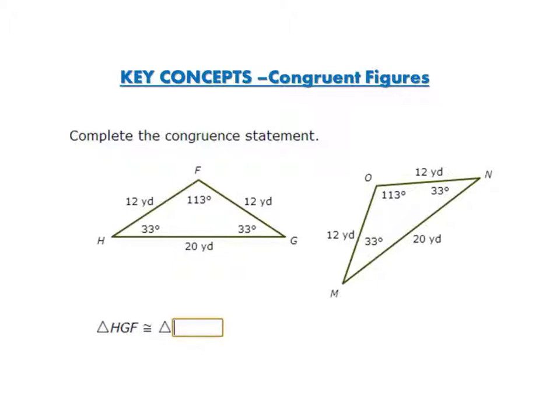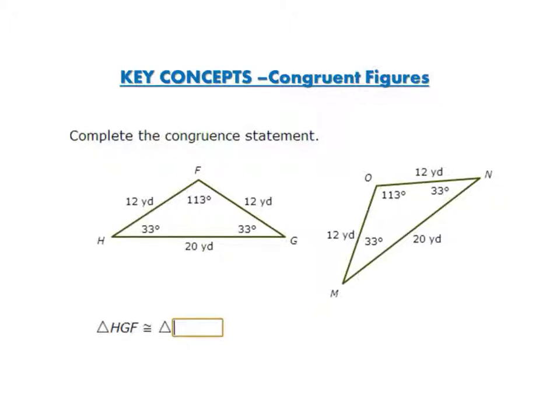Here are 2 congruent triangles, and it says to complete the congruent statement. Triangle HGF is congruent to. So I'm going to look at how this has been done. So we're starting at H, going to G, and going up to F. So we're going along the 20-yard mark first.